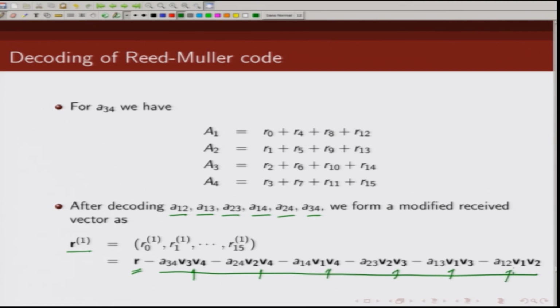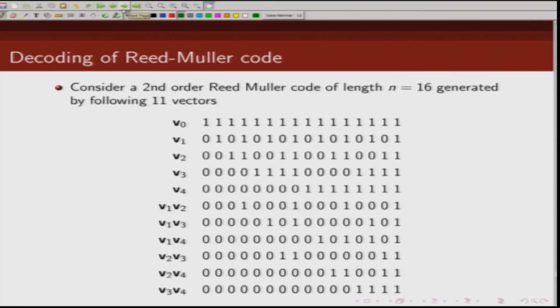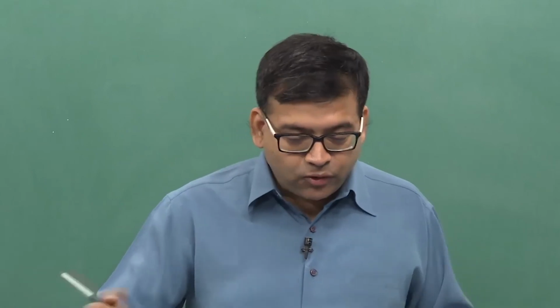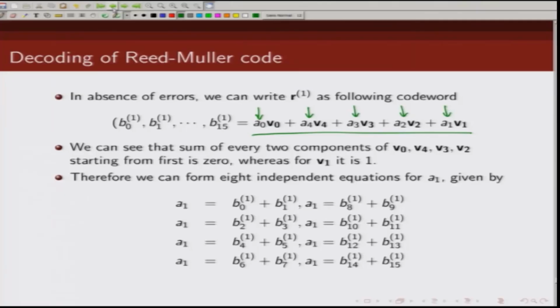Now, once we do this, what we are left with is decoding A0, A4, A3, A2 and A1. So, first we try to decode the rth order terms, then we try to decode the r minus 1th order terms. Here we first decoded the terms related to the second order.